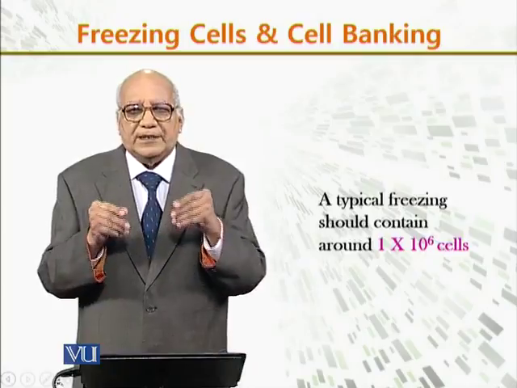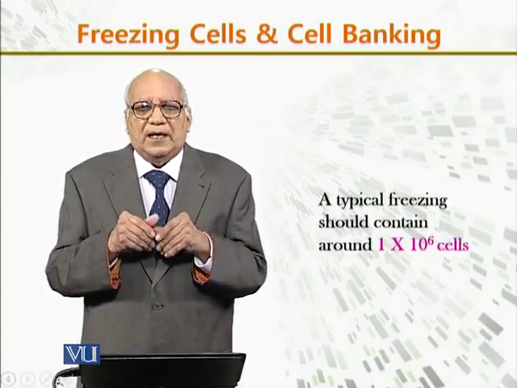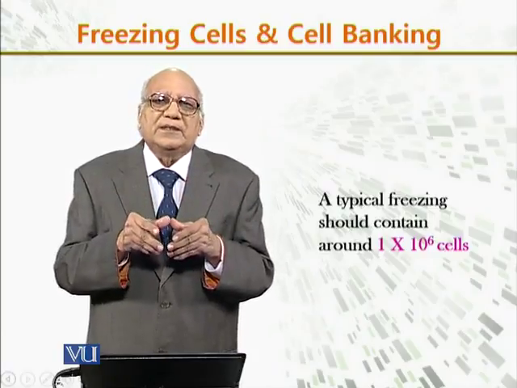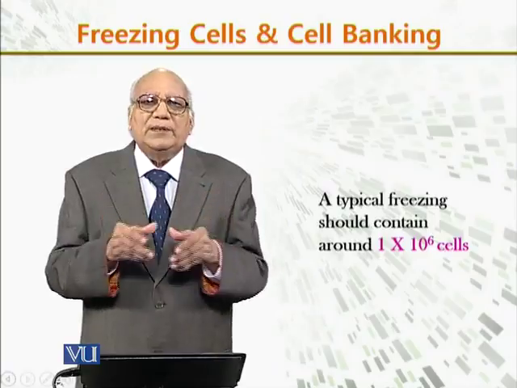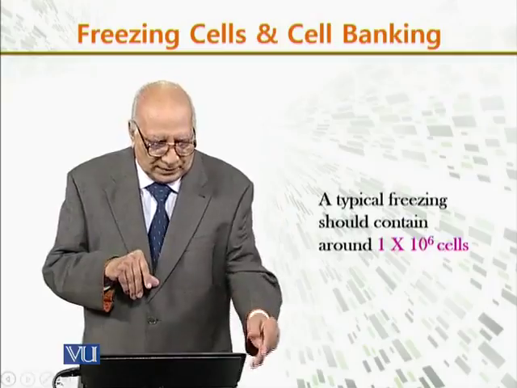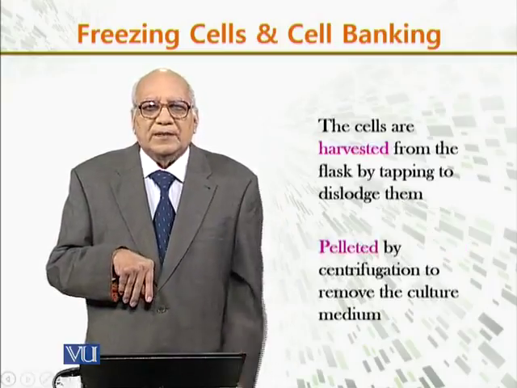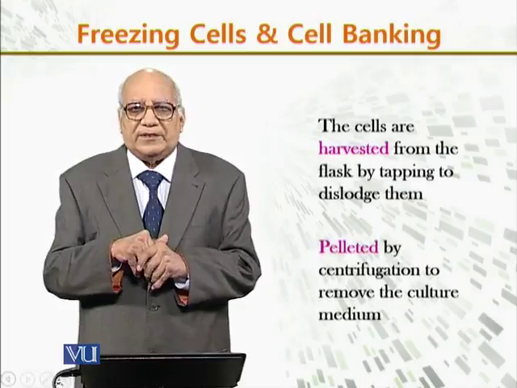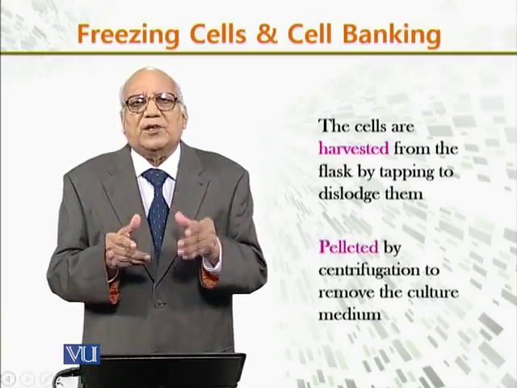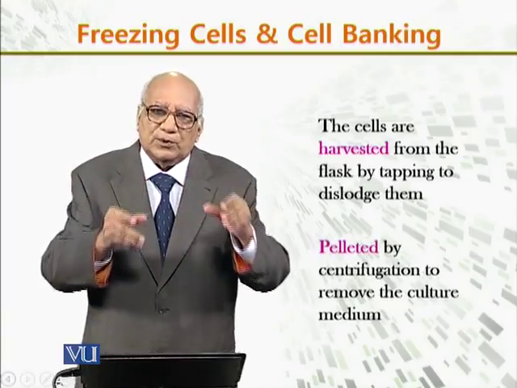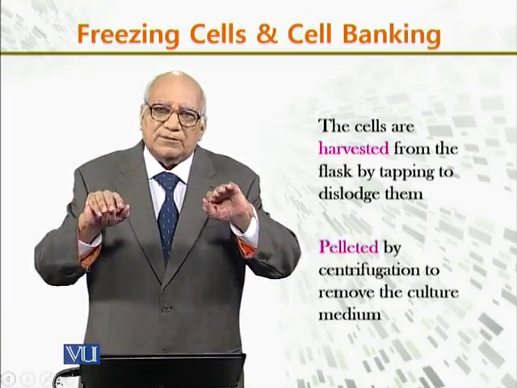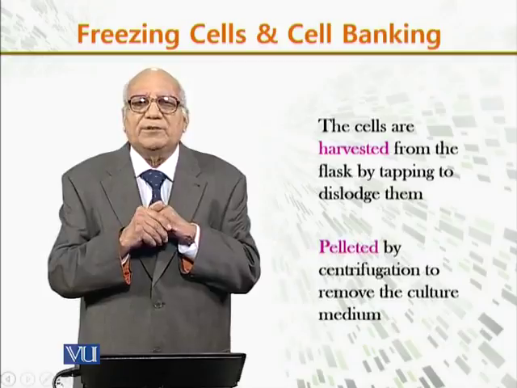Now, a typical freezing vial should contain around 1 million cells per mL so that they are frozen. Then the cells are harvested from the flask by tapping to dislodge them, because when the cells are growing, they are adhering and sticking to the flask, and we have to remove them.